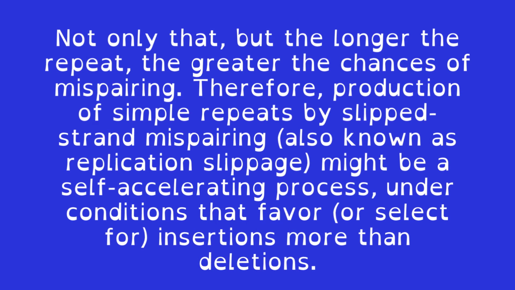Not only that, but the longer the repeat, the greater the chances of mispairing. Therefore, production of simple repeats by slipped-strand mispairing, also known as replication slippage, might be a self-accelerating process, under conditions that favor, or select for, insertions more than deletions.